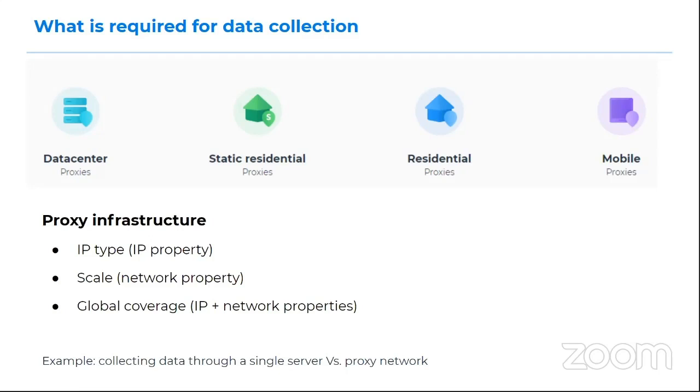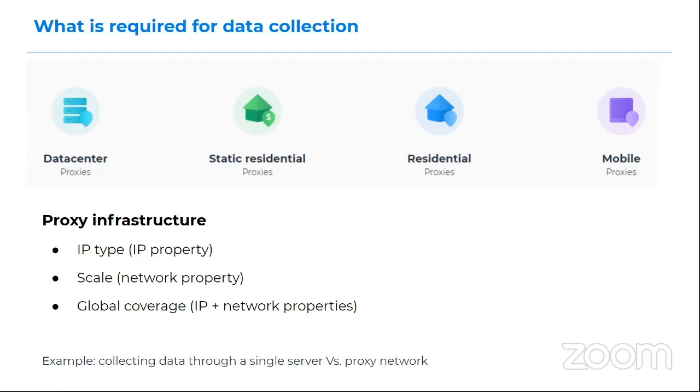It's just basically cheaper. If you know how to use it properly, it can help you reduce costs. The downside is that it's smaller than the next network that I'll be talking about, and that can have implications. For some use cases, it's important to have a very, very large proxy network.